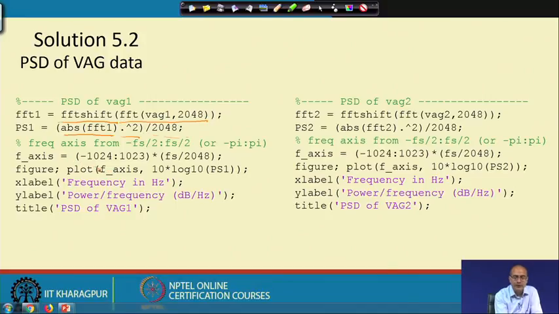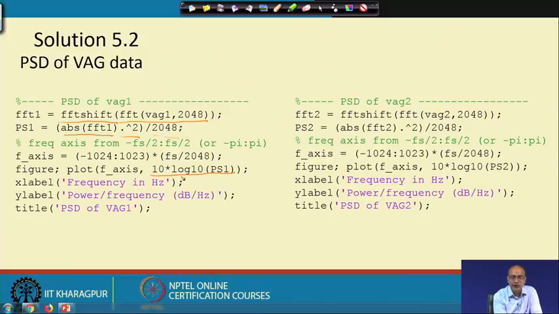Okay? We have how many samples? 2048 samples. So, we have the samples starting from minus 1024 to 1023 into Fs by the total number of samples. Okay? That is the way we create the frequency axis, and we plot the PSD in the log scale, or to be more precise in the dB scale.